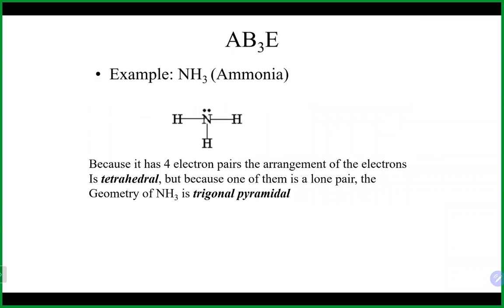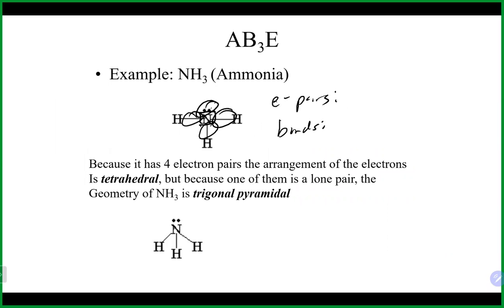All right. The next example we're going to look at is something like ammonia. And ammonia here, if we look at the central atom, which is our nitrogen, it has, in terms of electron pairs and bonds, 1 electron pair, 2 electron pairs, 3 electron pairs, and 4 electron pairs.